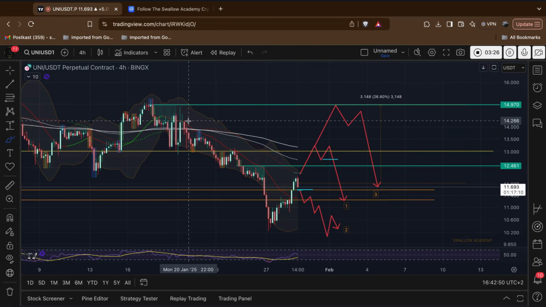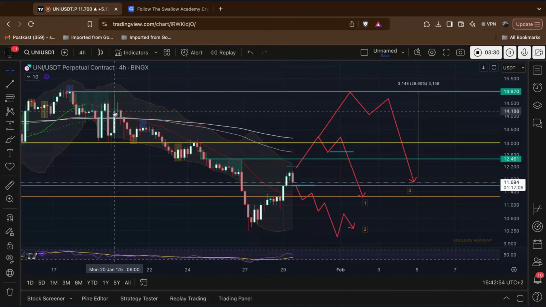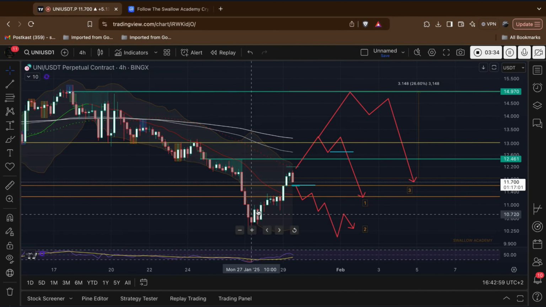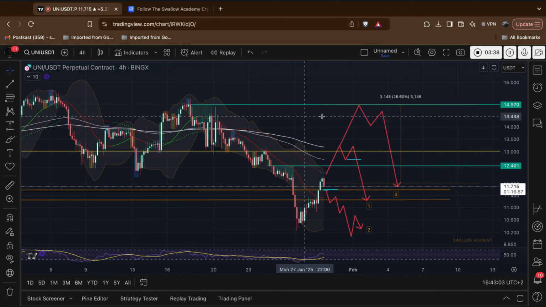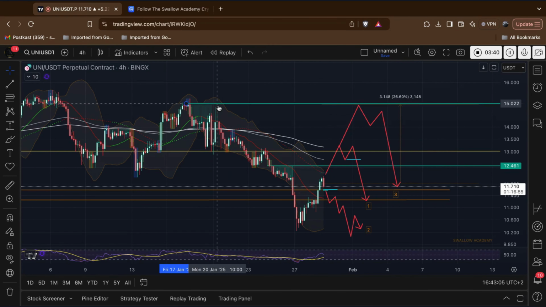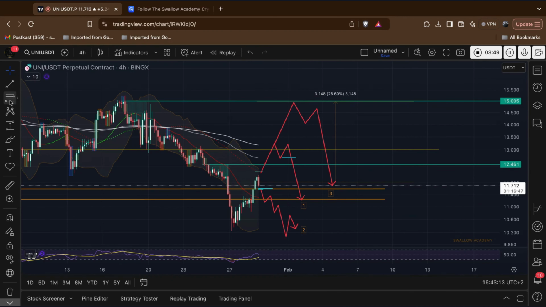But this one is pretty sketchy because actually we filled the CME gap with a wick here, you can see we have filled it nicely, and then moved to the lower zone. So this is why we say that this is less likely to happen. There is still some small gap here that can be filled, but usually markets just leave these kind of CME gaps alone.